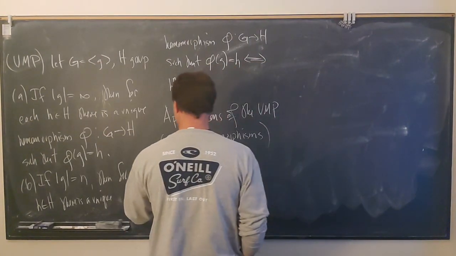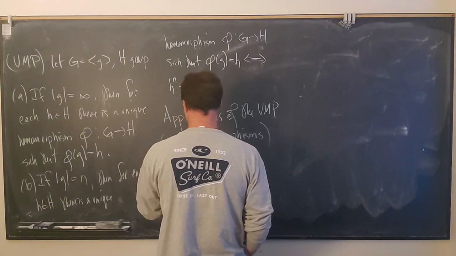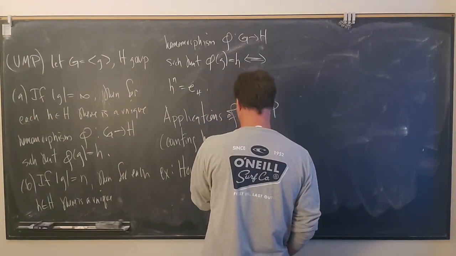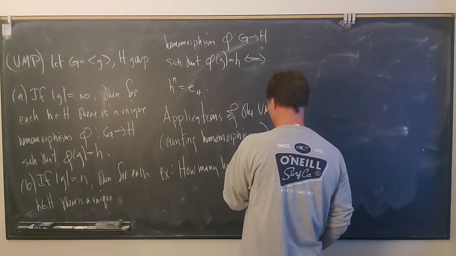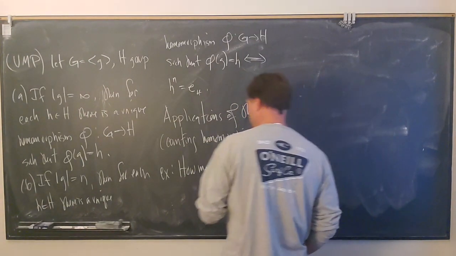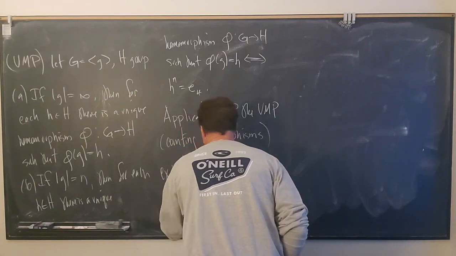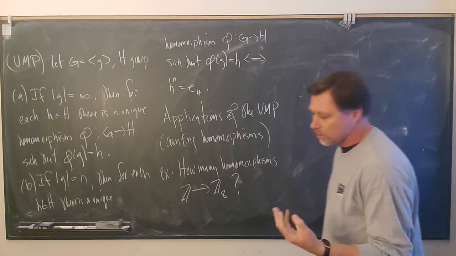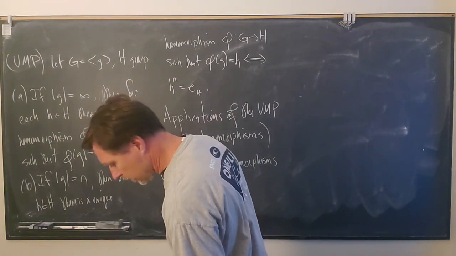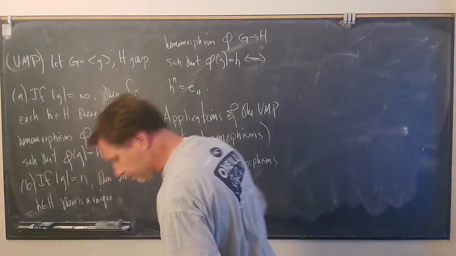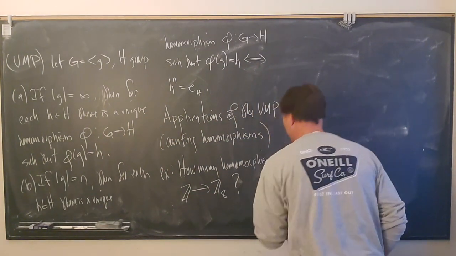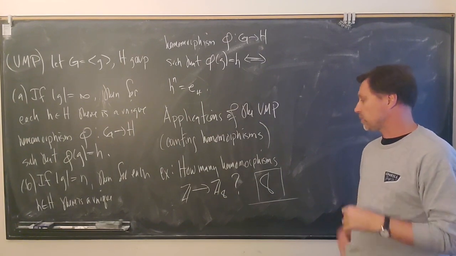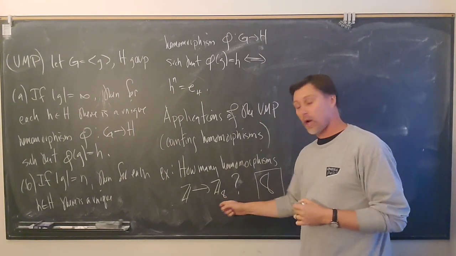So as a first example, how many homomorphisms from Z to Z8? Well, the answer is immediate. According to the universal mapping property, there are exactly 8 homomorphisms, 1 for each element in our codomain.